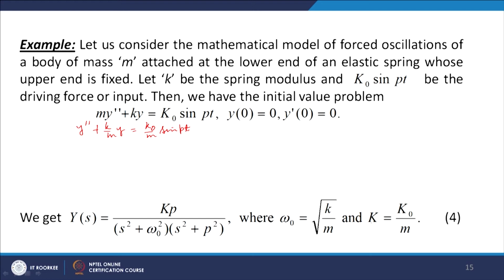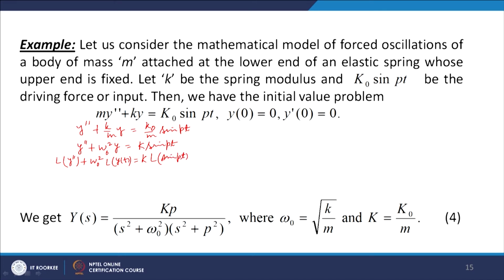Now, let us denote k over m equal to omega naught square. Then y double dash plus omega naught square into y equal to capital K sin p t. Let us take the Laplace transform. Because Laplace is a linear operation, we get the Laplace transform of y double dash plus omega naught square times the Laplace transform of y(t) equal to K times the Laplace transform of sin p t.